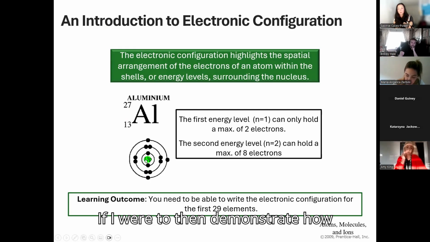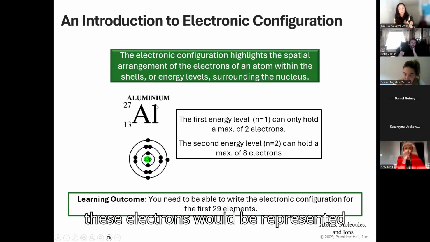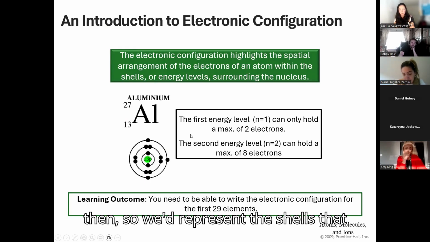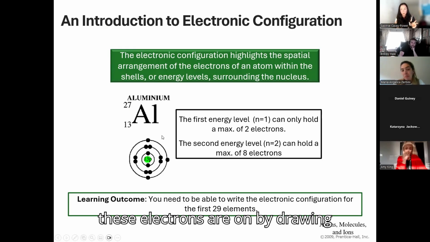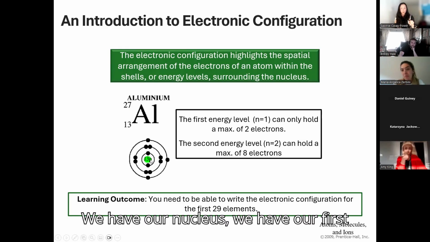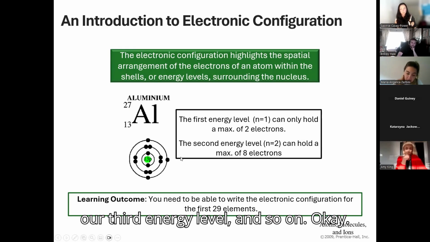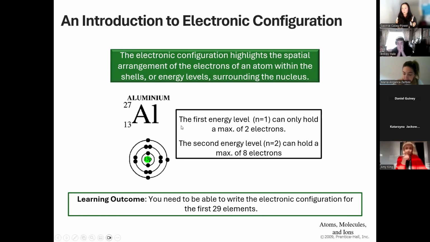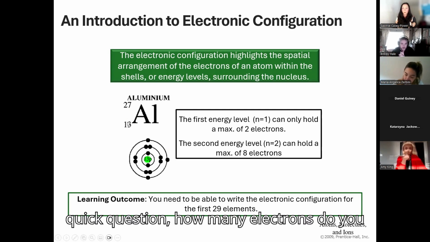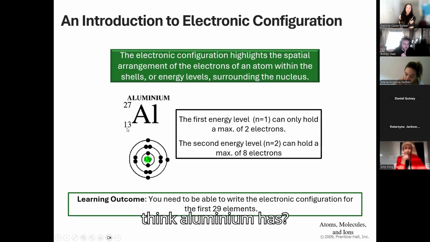If I were to demonstrate how these electrons would be represented, we'd represent the shells these electrons are on by drawing our nucleus, our first energy level, our second energy level, our third energy level, and so on. Just as a quick question, how many electrons do you think aluminium has?